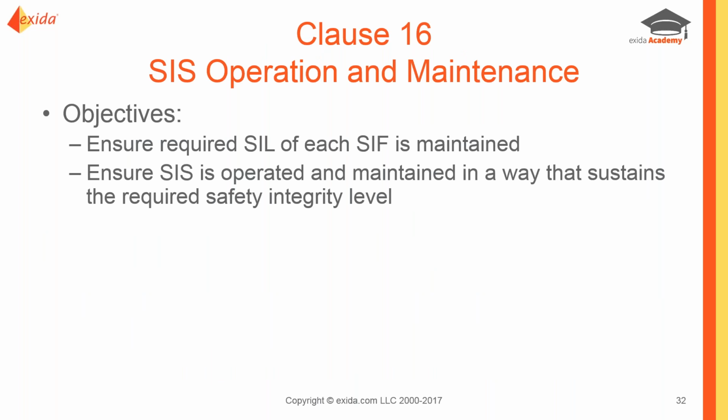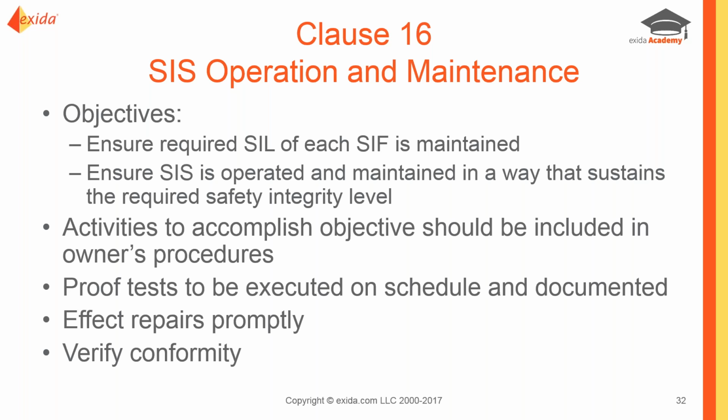As we go into the operations and maintenance phase, the key activity through operations and maintenance is to test and maintain the system in such a way that we sustain the required safety integrity level. And of course, this is accomplished through the owner's procedures.